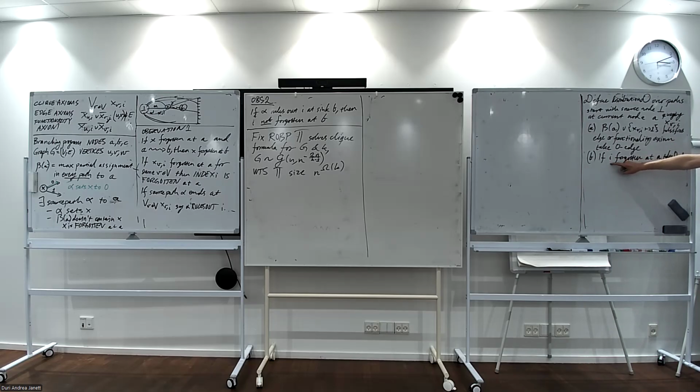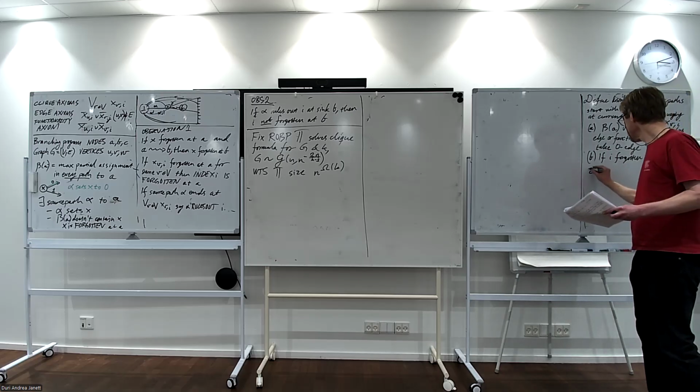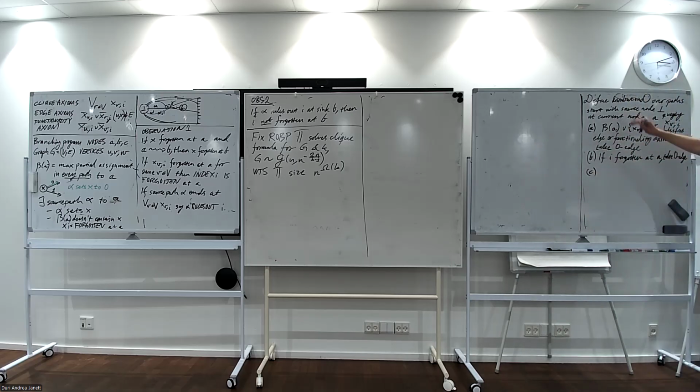I already know that the branching program, given that i is forgotten at A, will have to do something smarter. So it's safe for me to say no, v is not the ith clique vertex. I would be stupid not to say 0 here. It's a safe choice because I won't violate clique axiom i. Except the problem so far is that there's not too much randomness in here. So that comes now.